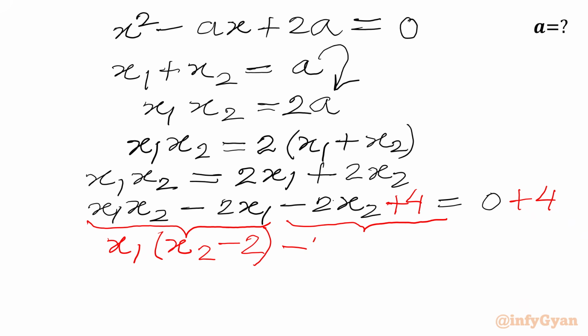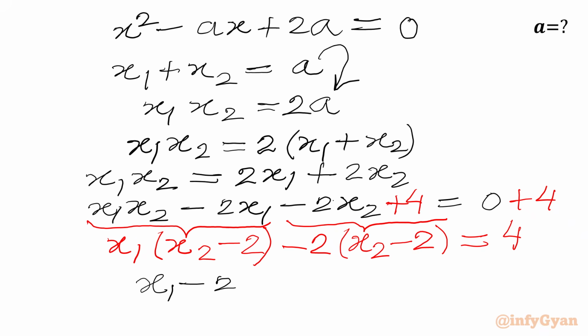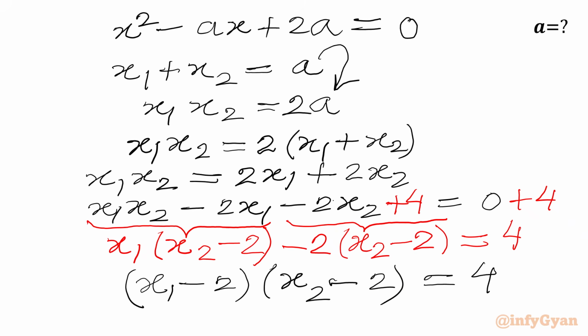Now we will take minus 2 common out. So in the bracket there will be x2 minus 2, which is required here. Right hand side is 4. Now we can take x2 minus 2 overall common from LHS. We will get x1 minus 2 times x2 minus 2 equal to 4.